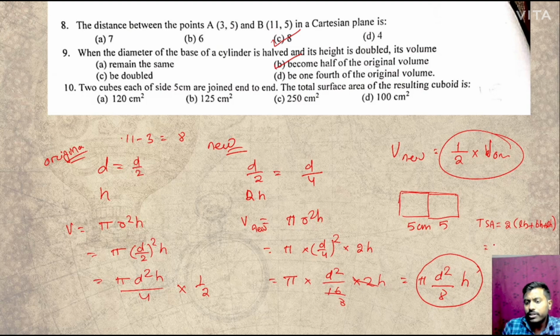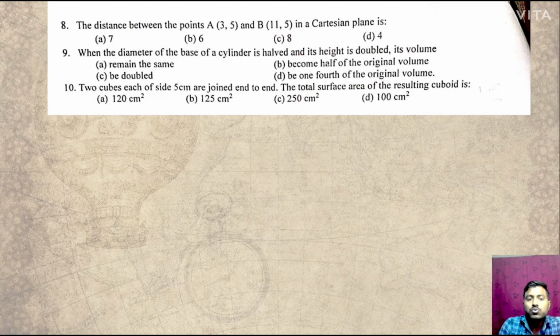Now put the value, that is 2 whole into L means 10, 10 into B means 5 plus B means 5 into H means 5 plus L means 10 into 5. Now multiply 2 into 50 plus 25 plus 50. Then 50 plus 50 100, 125. 125 into 2 is equal to 250. The correct answer is 250 centimeter square. Clear? Next question.